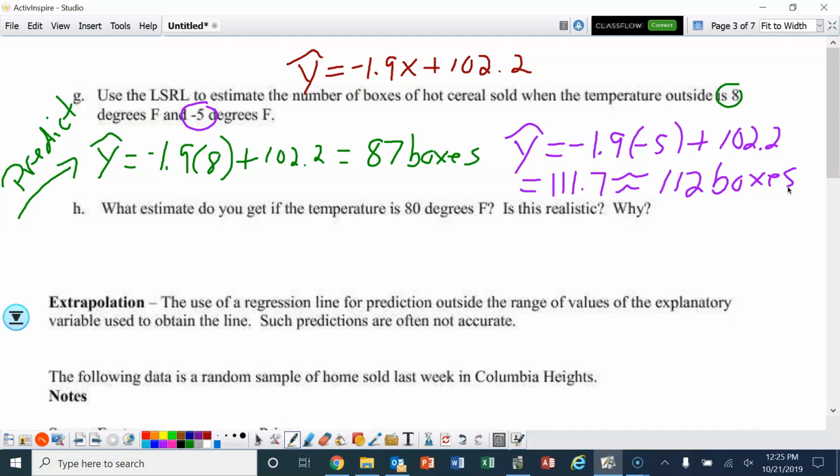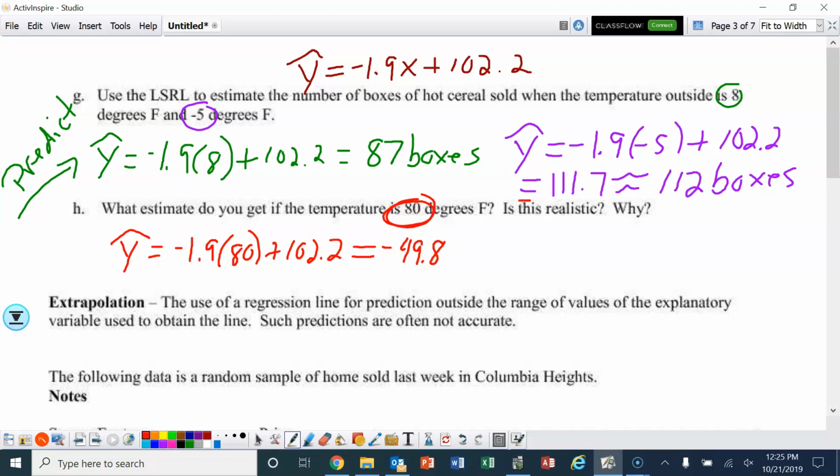All right, let's do one more with this one. So y hat, so we want, what if it's 80 degrees outside? All right, y hat equals negative 1.9 times 80 plus 102.2. All right, let's see what we get. We get a negative 49.8.